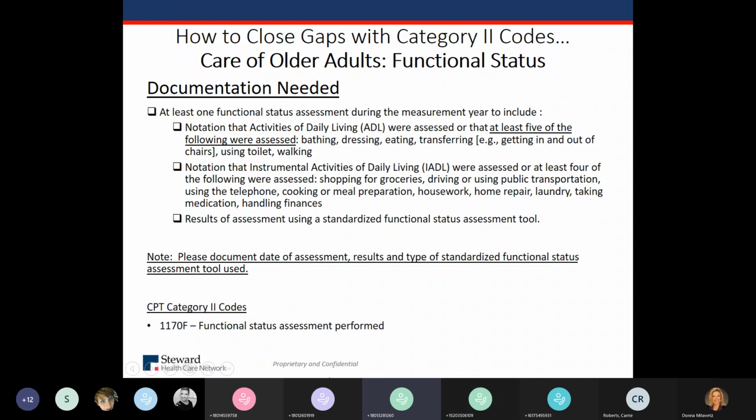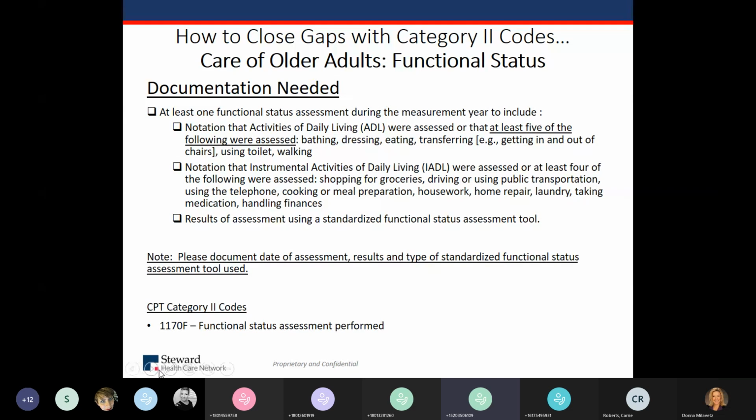Functional status is another one. You would want to, again, document at least one functional status assessment was performed during the measurement year, which includes a notation that activities of daily living were assessed, as well as instrumental activities of daily living were assessed, and then finally the results of your assessment using a standardized functional status assessment tool.